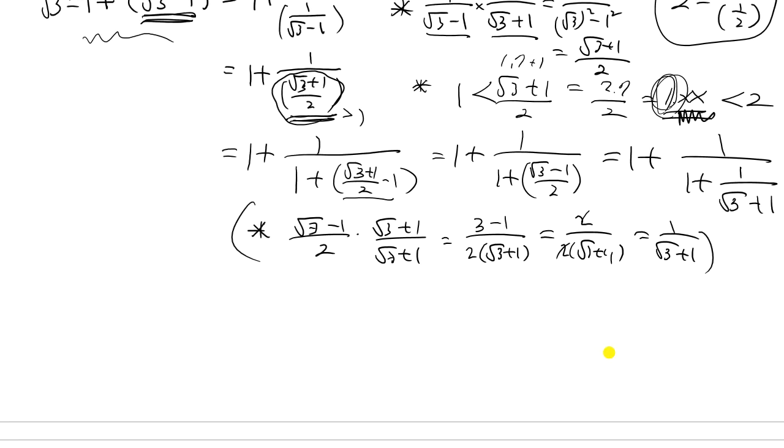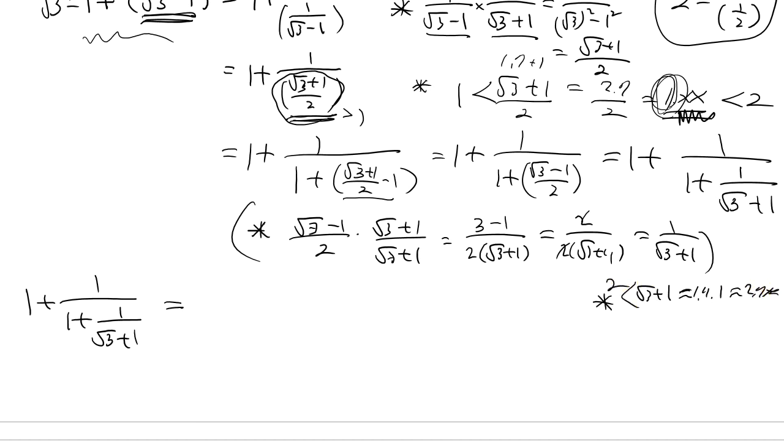Then let's go further. We just got 1 plus 1 over 1 plus 1 over square root 3 plus 1. Okay? So we need to check certain things, but let me write down over here. Square root 3 plus 1 is close to 1.7 plus 1, which is 2.7 something.